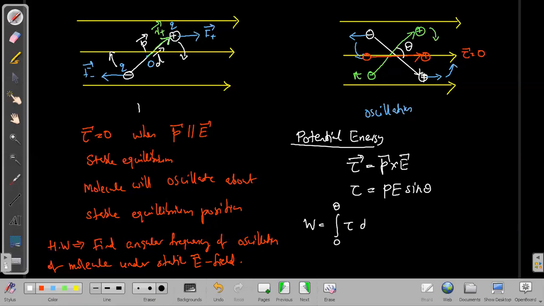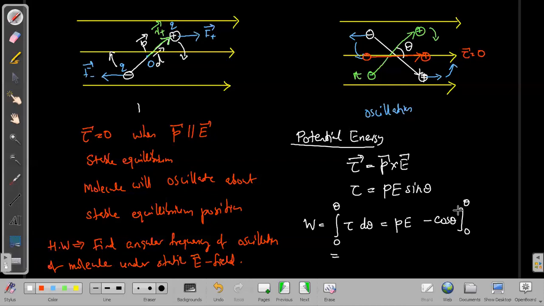This work I can write as the integral of tau d theta, and if you calculate it, you will get P E times the integral of sine theta, which becomes minus cos theta with limits 0 to theta.